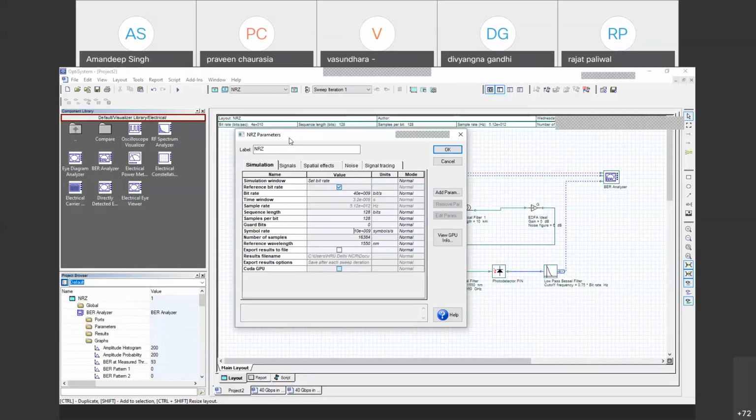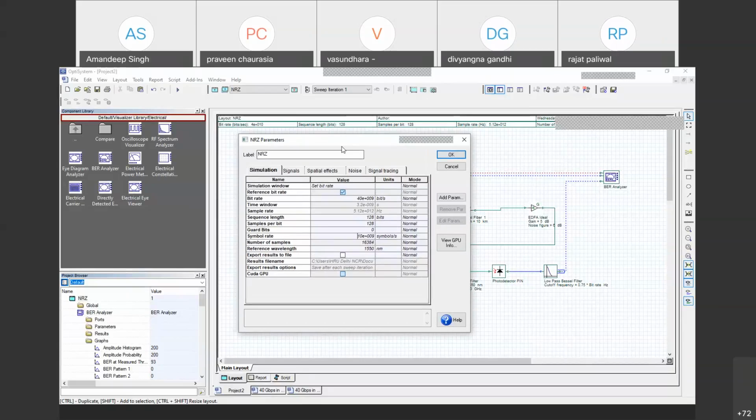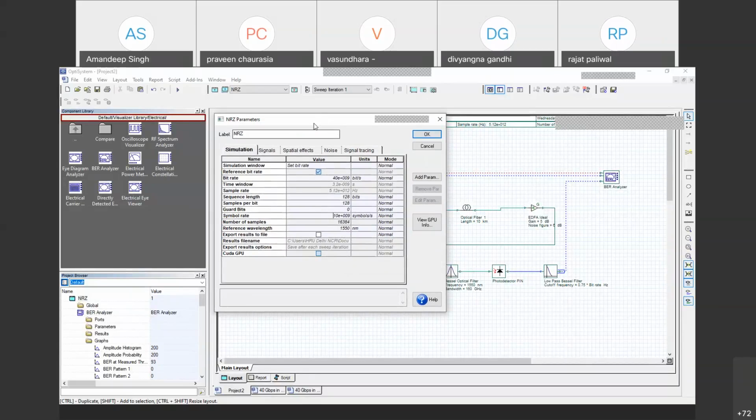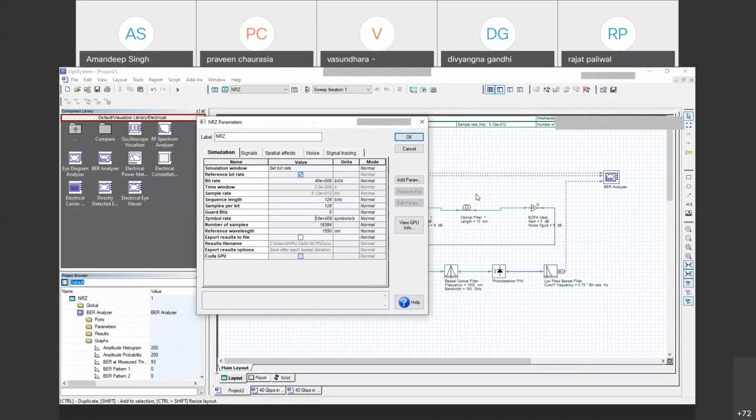First of all, understand the concept of this simulation platform. In the dialog box you are seeing, we set up the global parameters. Until you set up the default global parameters, your components will not get simulated, and you will not get the result.